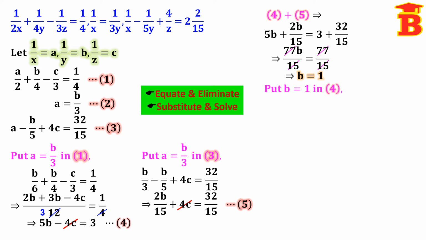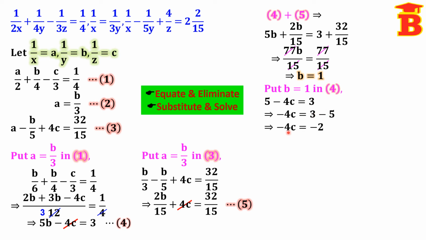Next put b equal to 1 in the fourth equation. Here if we put b equal to 1, 5 into 1, 5 minus 4c equal to the right hand side 3. Now this plus 5 take to the right side, we get minus 5, and 3 minus 5 is minus 2.